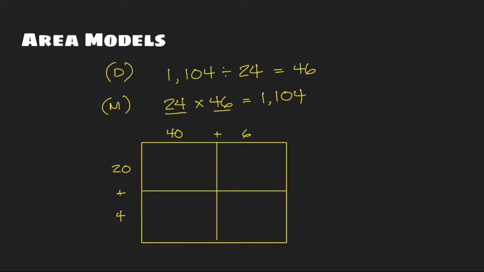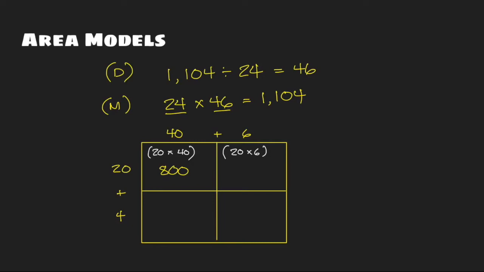Now let me change some colors here to help us out. This here is going to represent 20 times 40. Only what I'm writing in yellow is what I would expect you to write. So we're going to say this is 800. And then here, 20 times 6. See what I'm doing? I'm looking at the box. Whatever's in the box is where things meet.